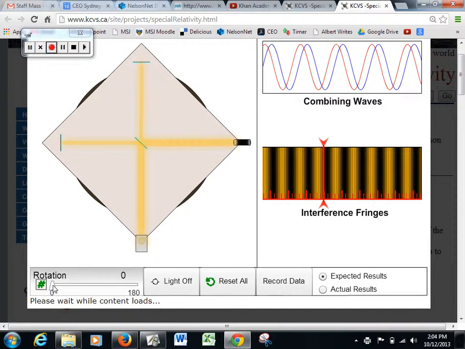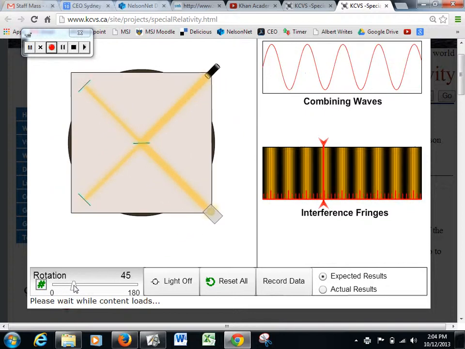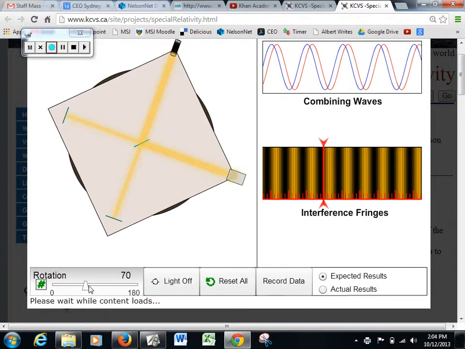As we rotate it, you'll see that at 45 degrees, the red and the blue wave both have a path which is equally inclined to the ether wind. So we expect both the red and the blue wave to arrive at the same time. And here you can only see the red, with the blue underneath it. And we keep on turning it.